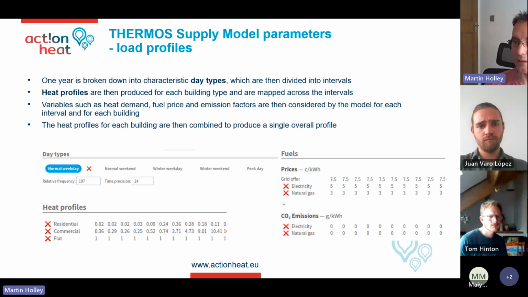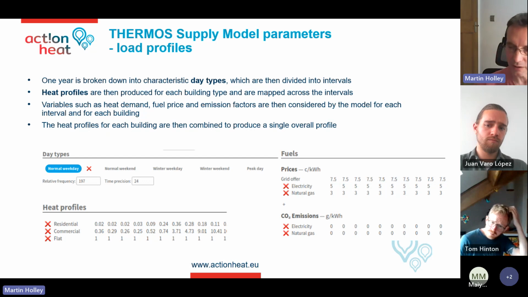Then you look at the heat profiles for those, and you can enter those numbers on a relative basis for different types of buildings, different groups of buildings. You then look at variables for fuel prices and emissions as well, and for example grid offer, which looks at the price that you might be selling electricity for in the case of CHP generation.